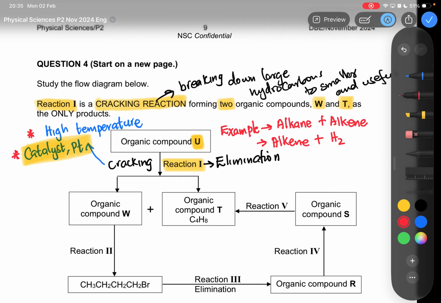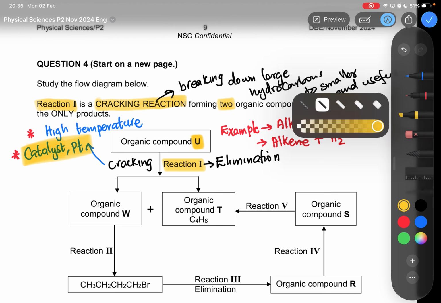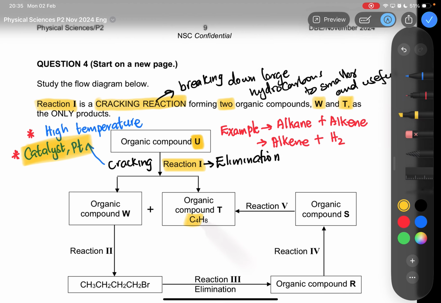But by the look of things, we have something here. Compound T is said to be C4H8.